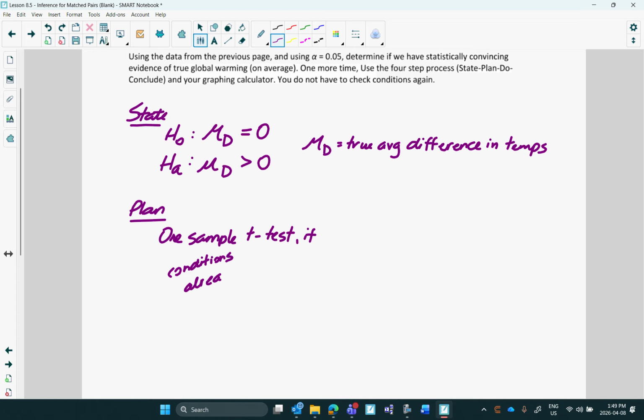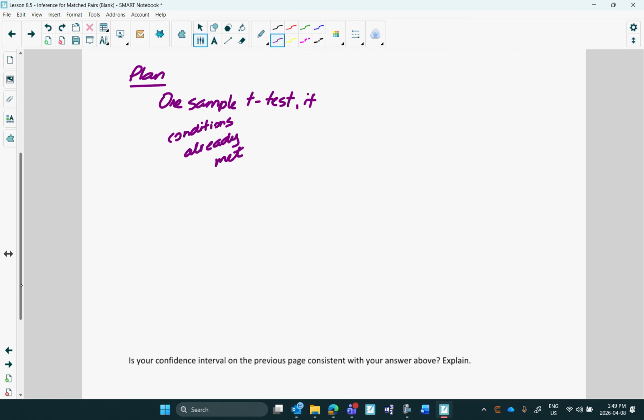I'm not going to go through all those again. We did that on the last page. So the do, we're going to do t-test.